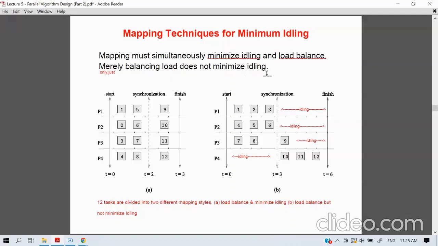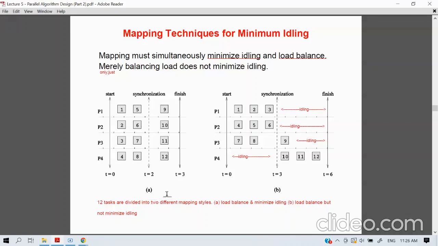If you look at diagrams A and B, in A there are 12 tasks. These 12 tasks are divided into several mapping styles, mapped onto 4 processes.